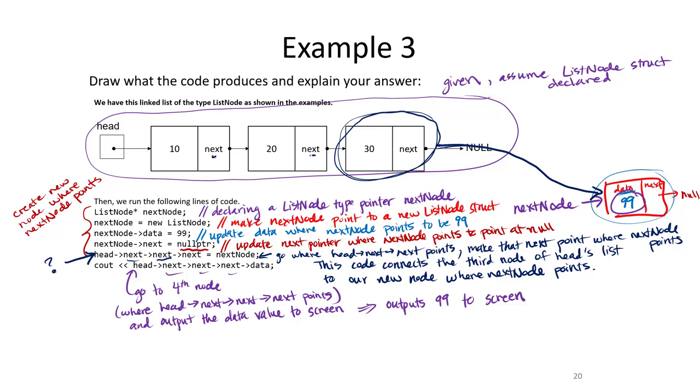So therefore, this code produces a 4-node linked list and the code allowed us to add the node containing 99 to our list.